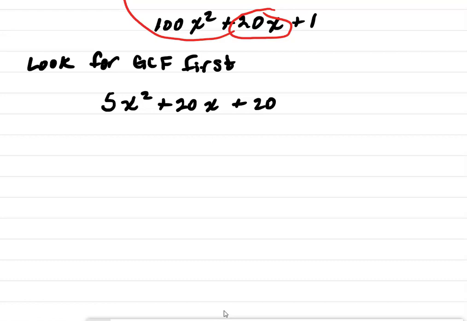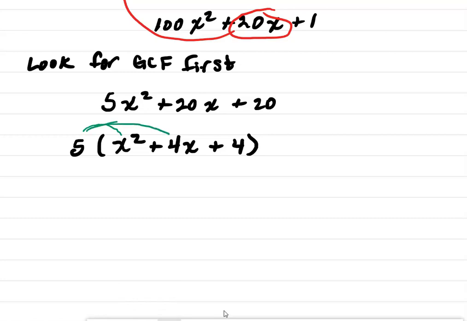So that means that we can factor out a 5, and that would leave our x squared plus 4x plus 4. And if you want to make sure that you factored it out correctly, think about, if I did the distributive property, did I factor this correctly? 5x squared, 20x, and 20. But now that we've done that, now we factor this part.